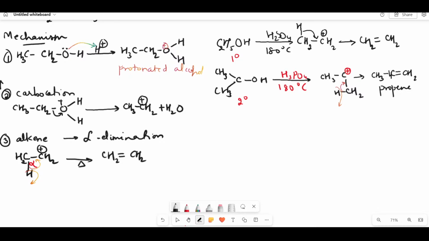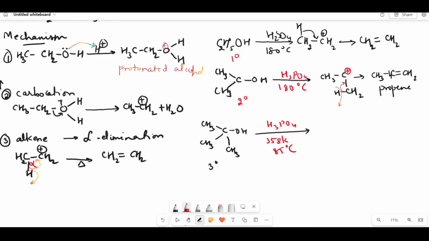Now one more reaction, with the tertiary alcohols, we will see. CH3, C, CH3, CH3, OH. This is a 3 degree alcohol, that is a tertiary alcohol, with H3PO4 at a temperature. Now we will reduce the temperature to 358 Kelvin, or you can say 85 degrees centigrade.